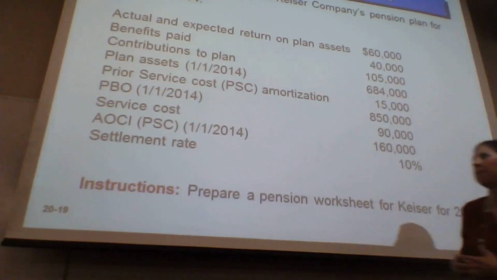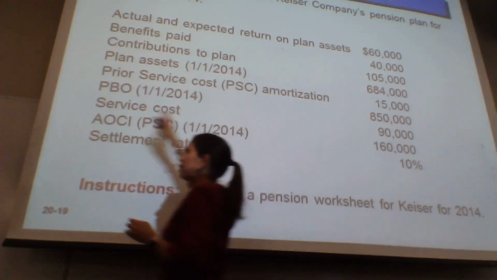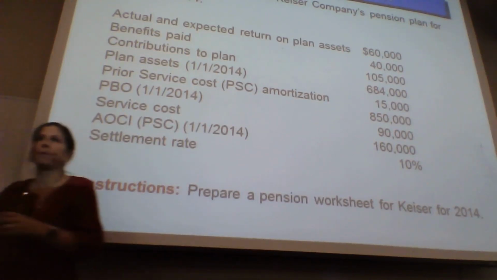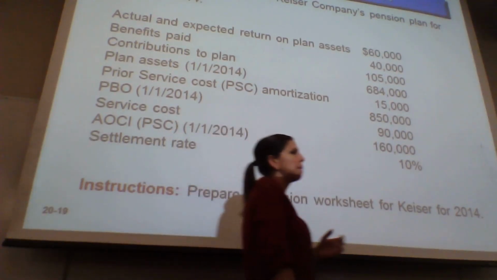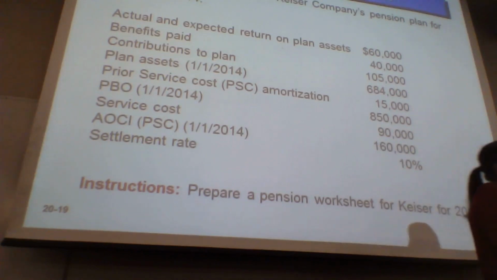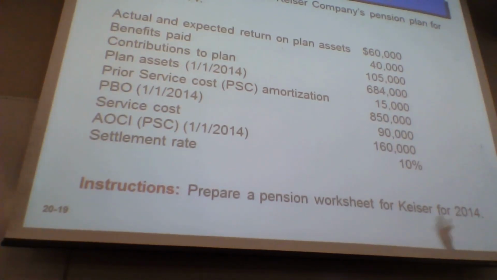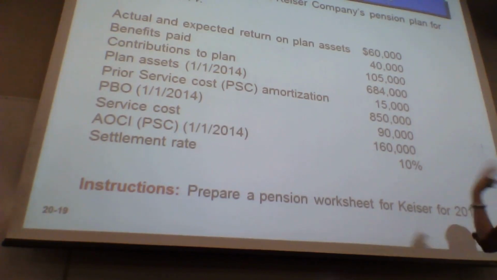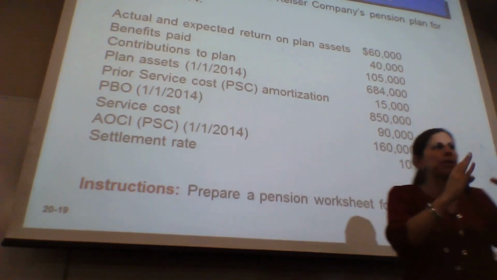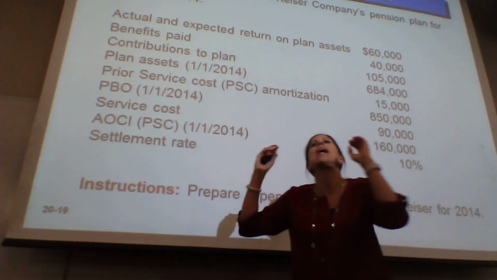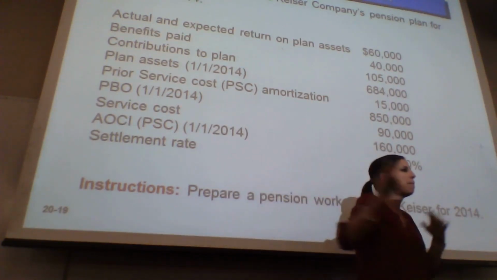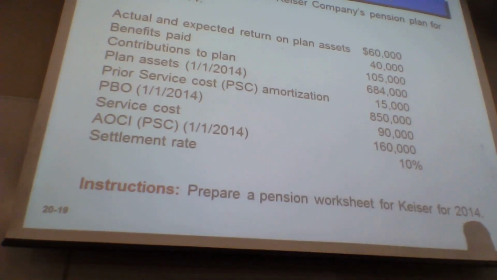Now, let's do an example, okay? I put all of this information here on the board, so we can refer back to it. But this is how these pension problems are going to work, and we're going to use something called a pension worksheet to try to understand how each of these components, the pension expense, OCI, the asset and the liability, are impacted by the activity happening within the pension plan throughout the year.